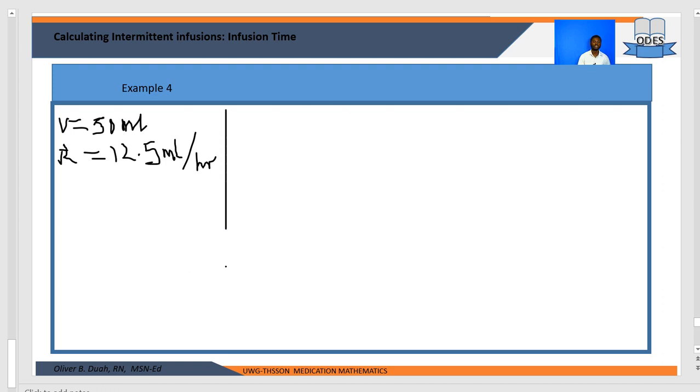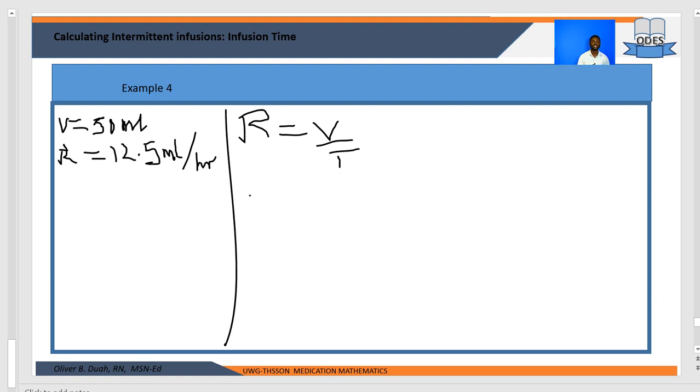Okay, using the formula method, we know that our rate is equal to volume over time. Now we need the time.